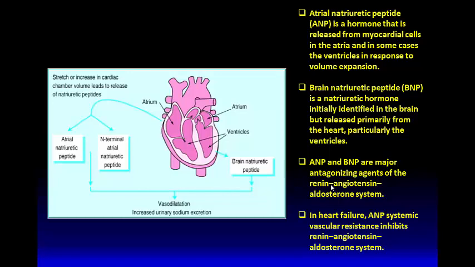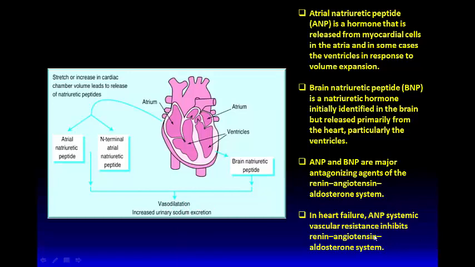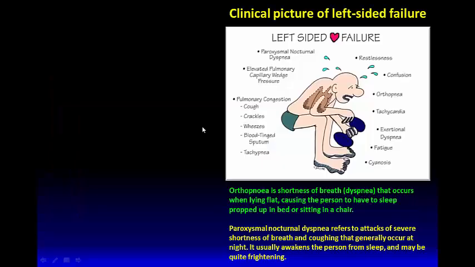So in heart failure, atrial natriuretic peptide lowers the systemic vascular resistance by inducing vasodilatation and inhibits the renin-angiotensin-aldosterone system.